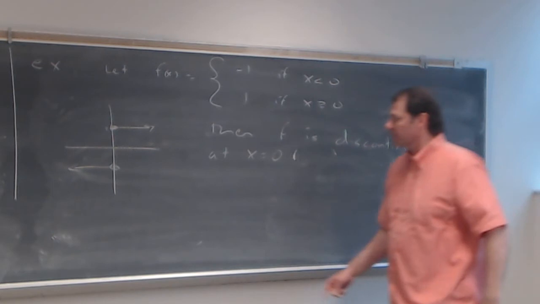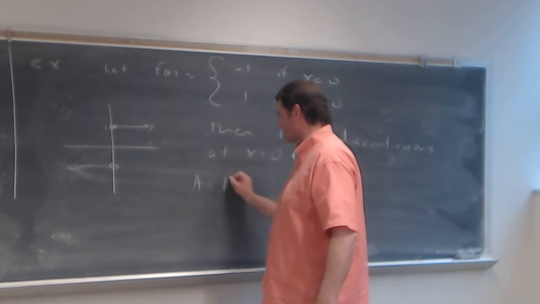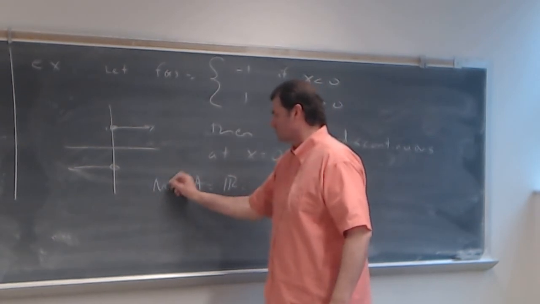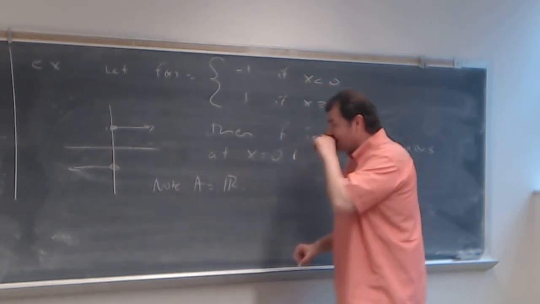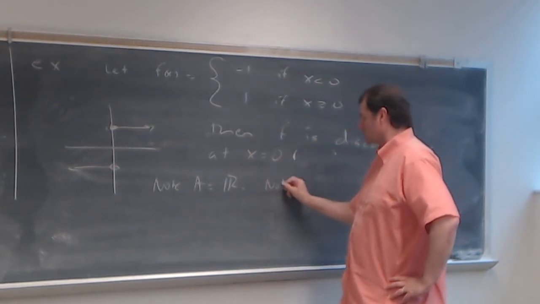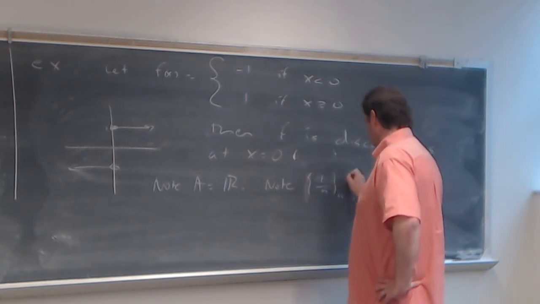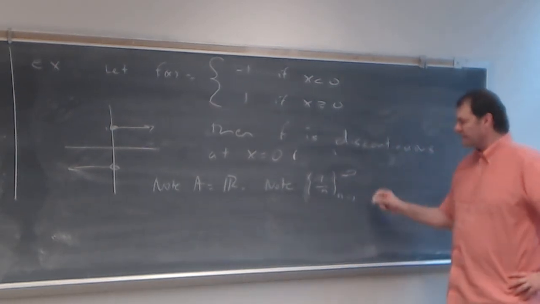Okay, pretty clear here. If you take a look, the domain A is equal to the real numbers. And what I can do is look at minus 1 over n, n from 1 to infinity. What can you tell me about this sequence?